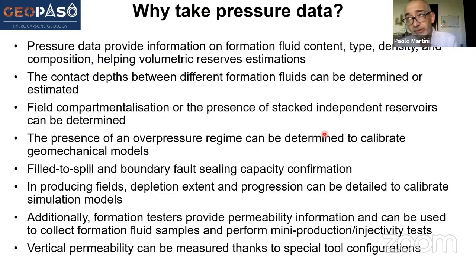We can also understand something about how much of the trap volume is filled, so the fill to spill, and, for example, in a structural trap where the seal is through a fault, if the sealing capacity of the fault is 100% or if it's leaky.